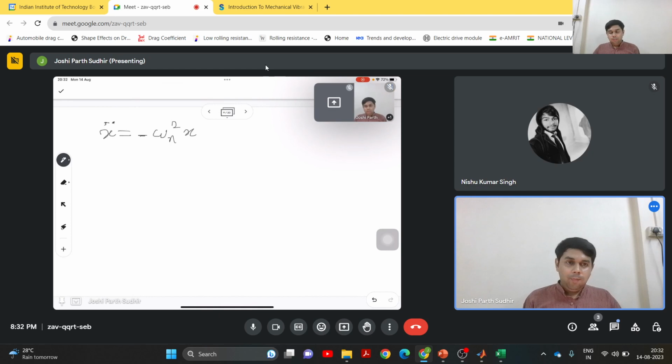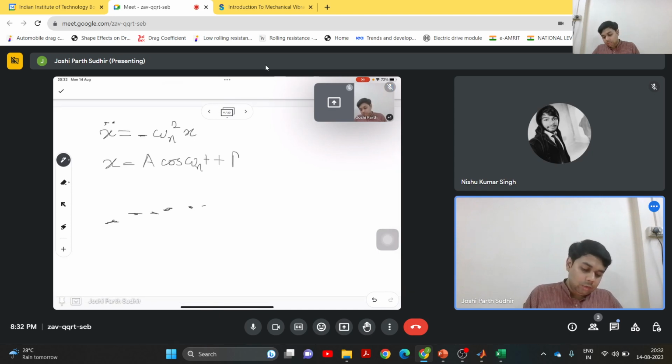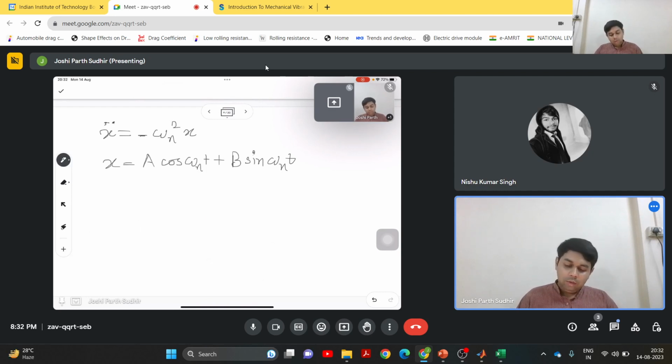So the general solution of this will be of the form a cos omega n t plus b sin omega n t. And acceleration x double dot is minus omega n square x, right?